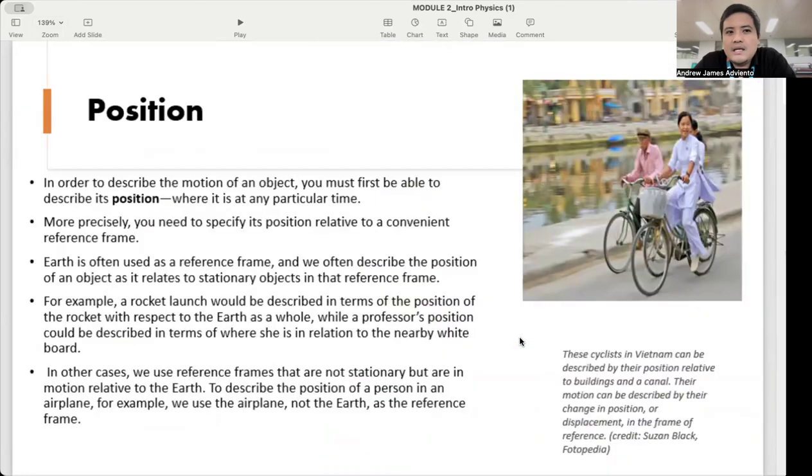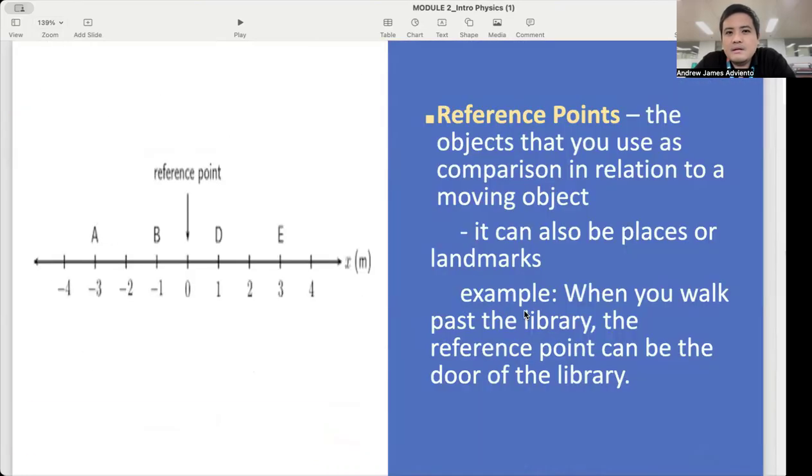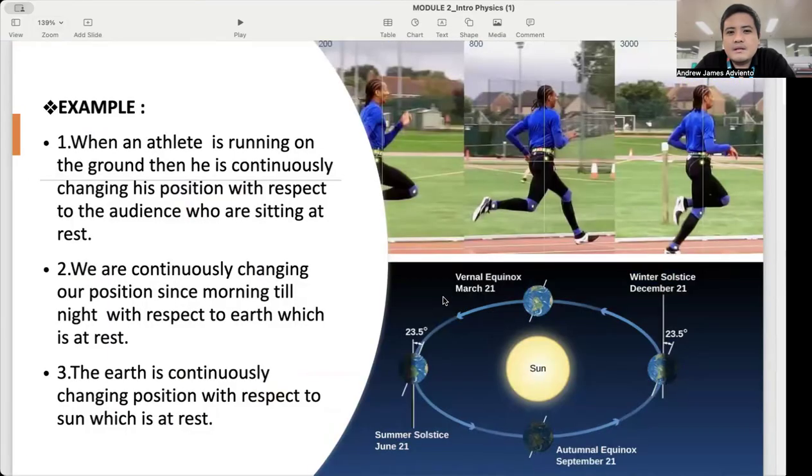An athlete running, people moving throughout the day, and the Earth revolving around the sun are all examples of motion.